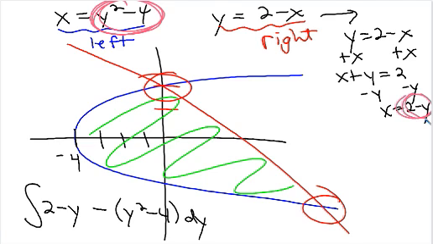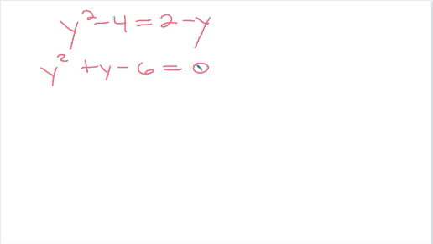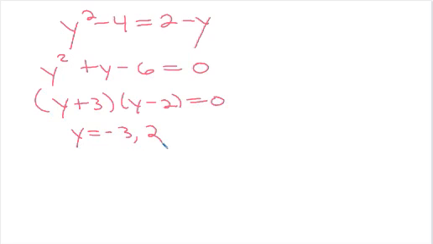So I would set y squared minus 4 equal to 2 minus y, which is a simple quadratic. When we get everything on one side, we have y squared plus y minus 6 equals 0, which factors into y plus 3 times y minus 2. So my limits of integration would be negative 3 and 2.